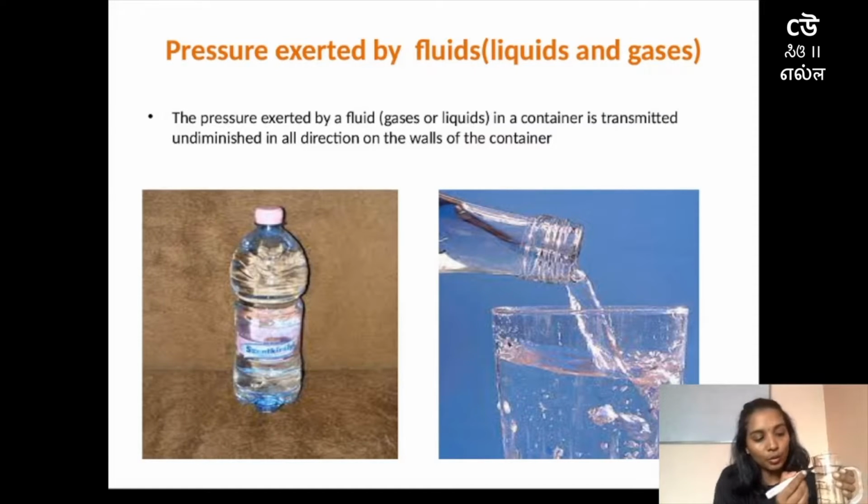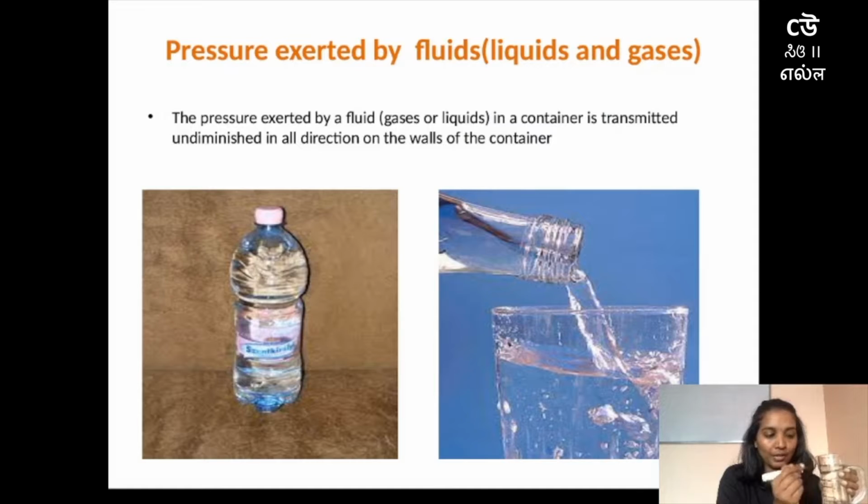I also told you we consider the pressure exerted by the liquid in different layers, and in each layer the density is different. The topmost layer has less density compared to the bottommost layer. Why? Because the bottommost layer experiences the force exerted by the layer above, and that layer experiences the force exerted by the layer above it.